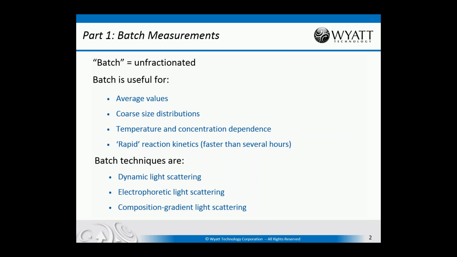The batch techniques include dynamic light scattering, electrophoretic light scattering, and composition gradient light scattering. Composition gradient light scattering is a stop flow technique, so it allows you to make the kinetics measurements as well.